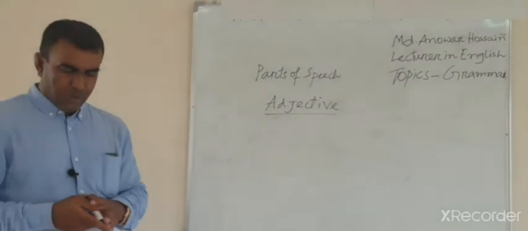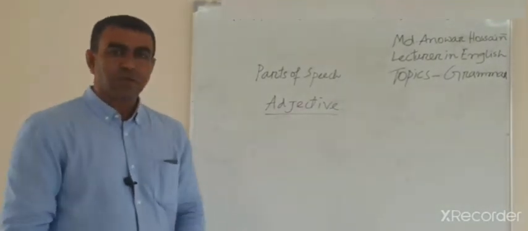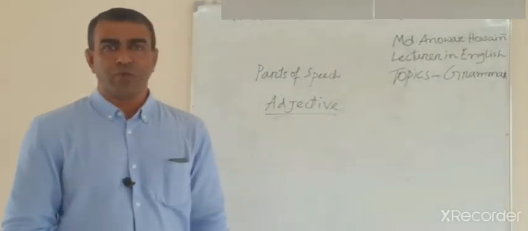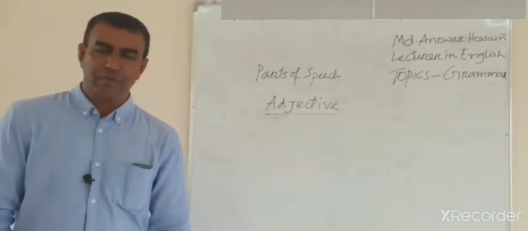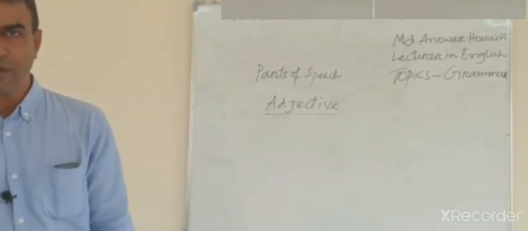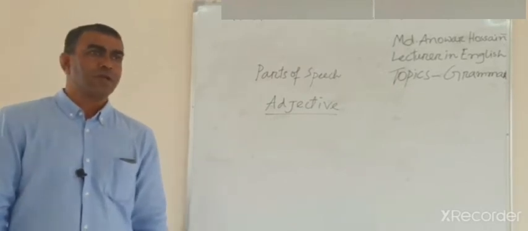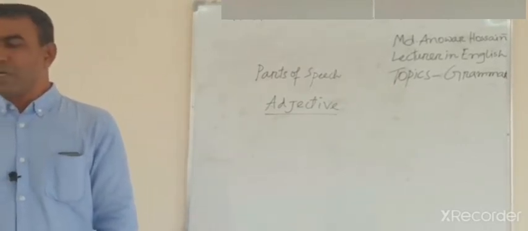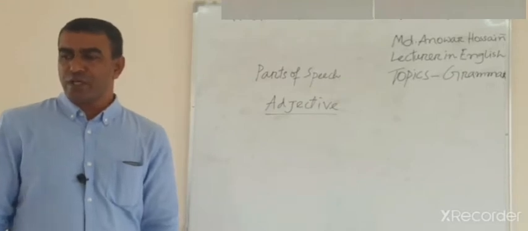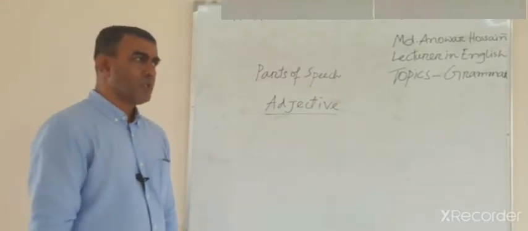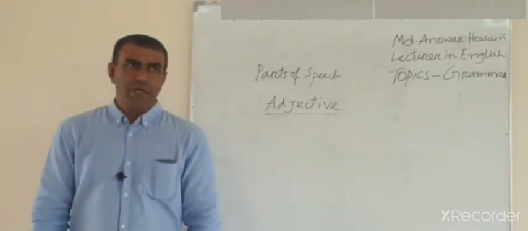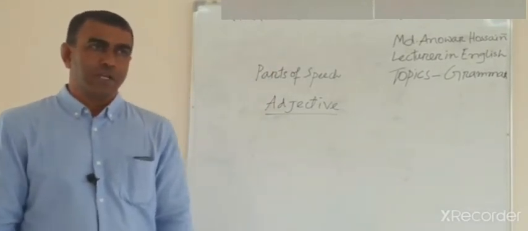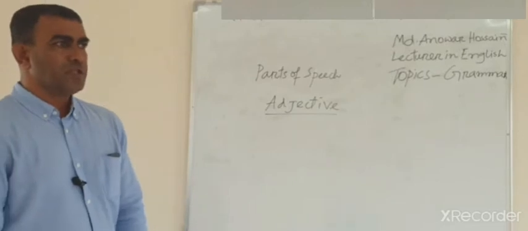An adjective is a word that modifies or describes a noun. These words ascribe an attribute to the noun being modified. To explain it, an adjective has some specifications, some qualities.